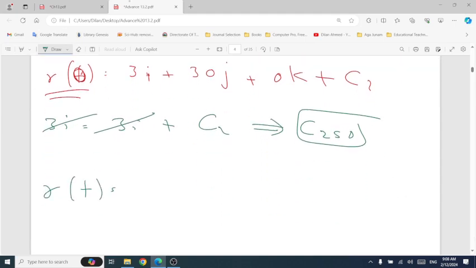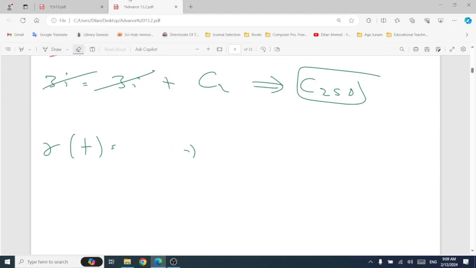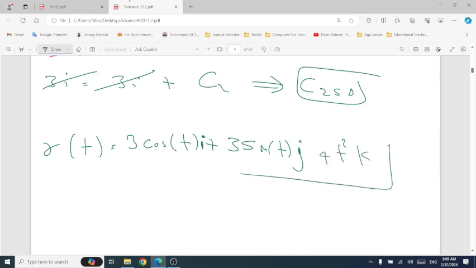Then you'll get the R(t) shape, which is equal to 3 cosine t i, 3 sine t j, plus t square k, plus C2, and C2 is 0.